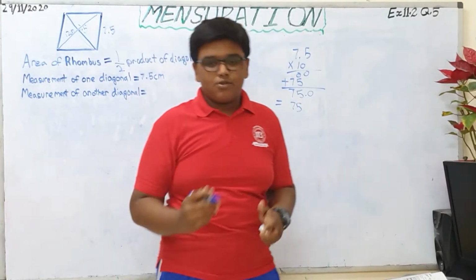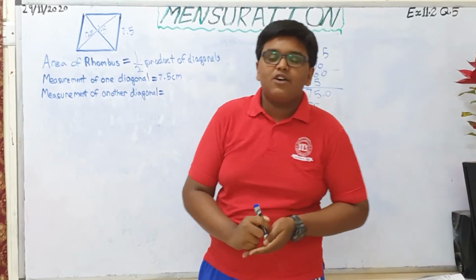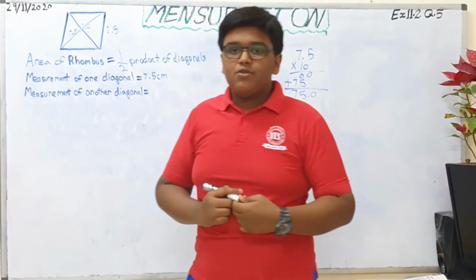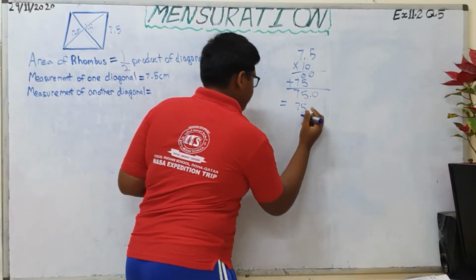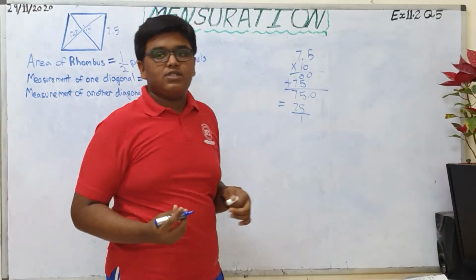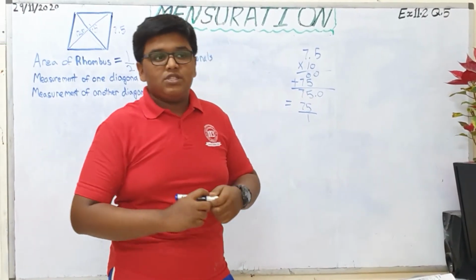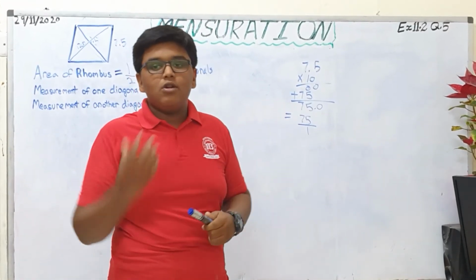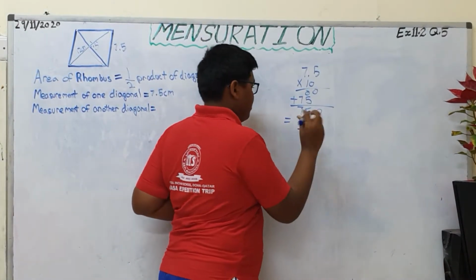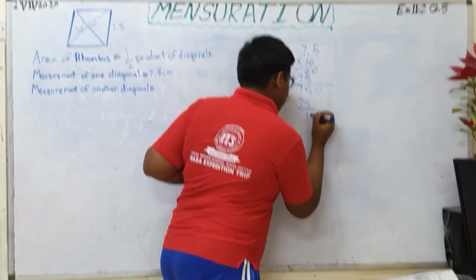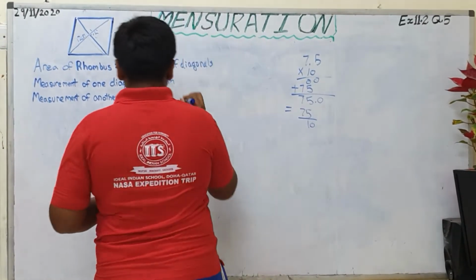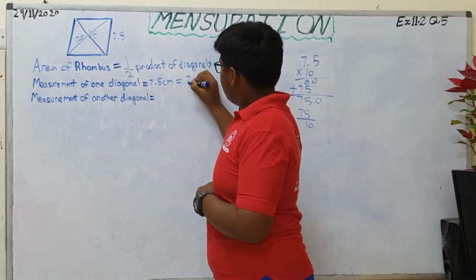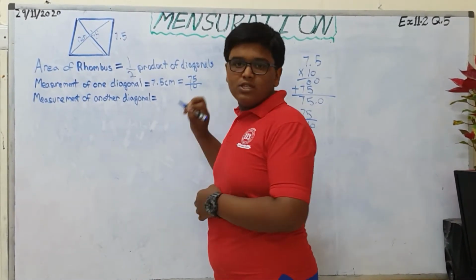It's a basic rule of fractions that if we multiply something with the numerator, we have to multiply it with the denominator also. So we multiply 1 by 10 and get 75 by 10. Therefore 7.5 centimeter is converted into 75 by 10 centimeters.